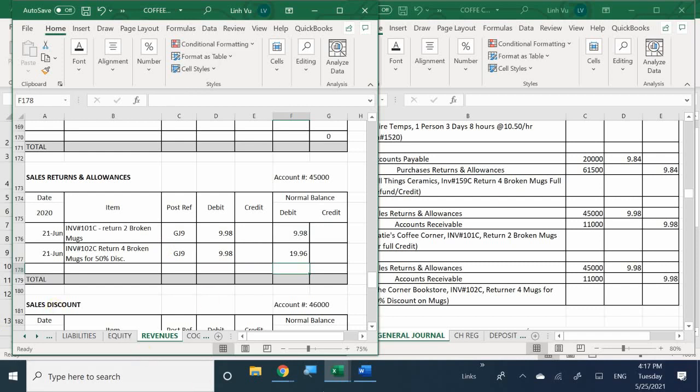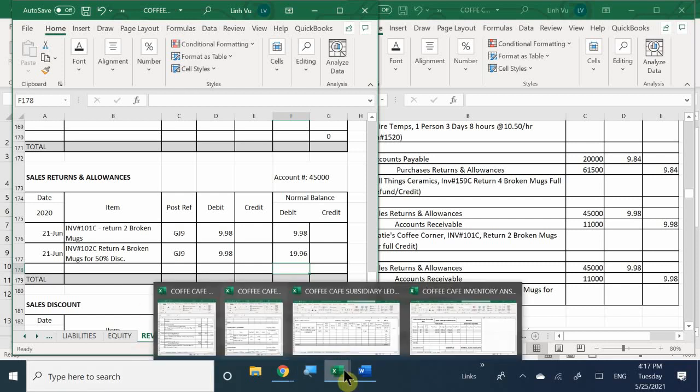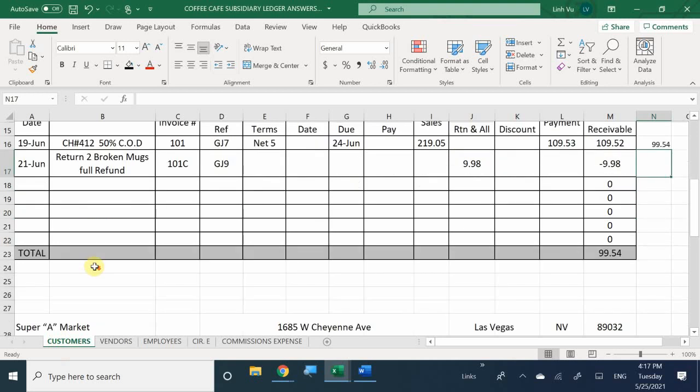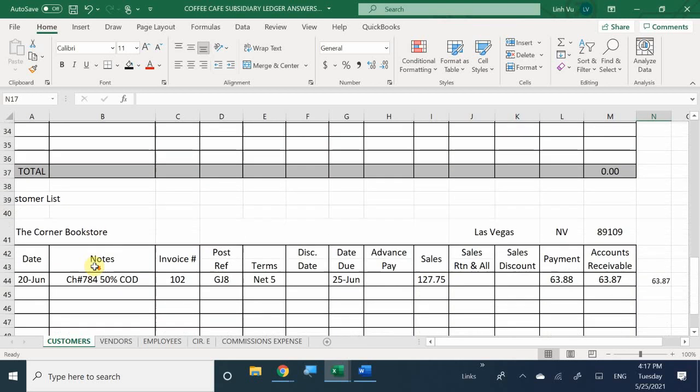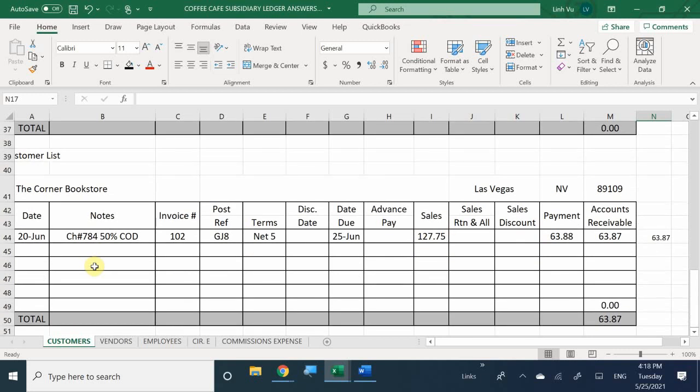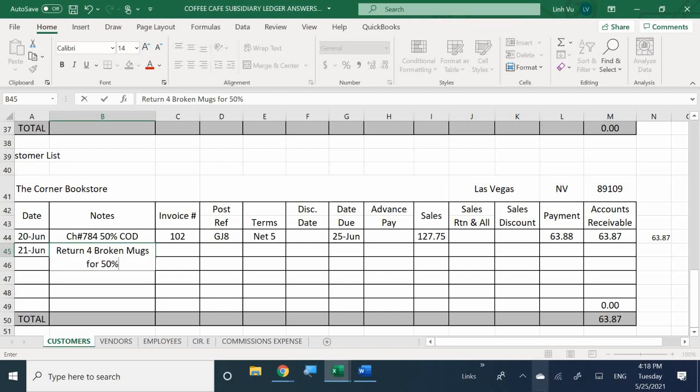Now we go to subsidiary ledger. Yes, we do. For notes, could you just put return 4 broken mugs, 50% discount? Correct. That's good. Return for broken mugs for 50% discount. Okay.